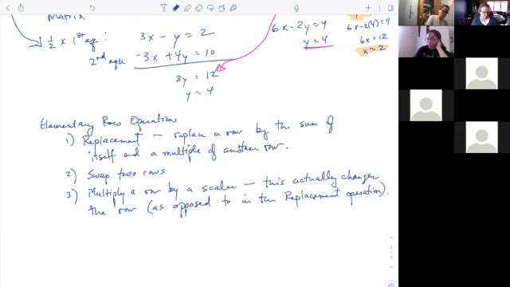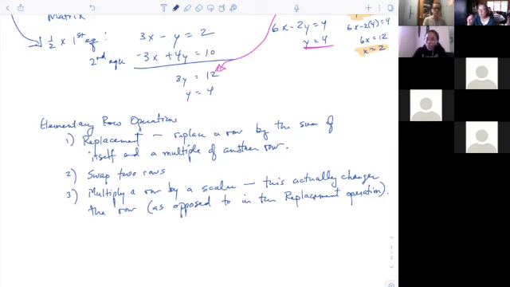Okay, so that just means that I see a row, and this is also mainly just to get it into one of these forms that we're talking about. Sometimes we want a particular entry in a row to be a 1. And so to get a number to be a 1, we need to be able to multiply by the reciprocal of that number. So as I said, operations 2 and 3, not that big a deal. 1 is the one you're going to be using all the time.